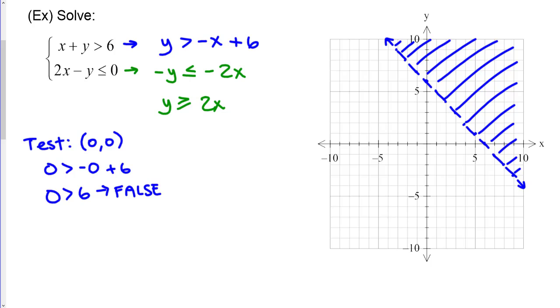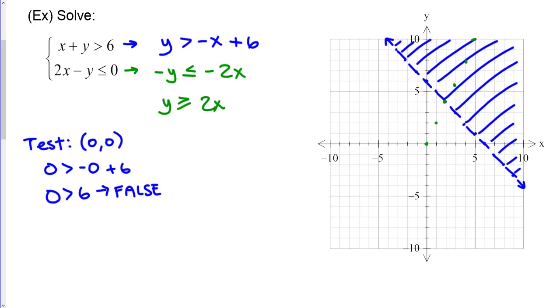Now I'm going to work on my other line. So y is greater than or equal to 2x. This is a line that passes through the origin and has a slope of 2. So I would go up 2 and over 1, up 2 over 1, up 2 over 1, up 2 over 1.